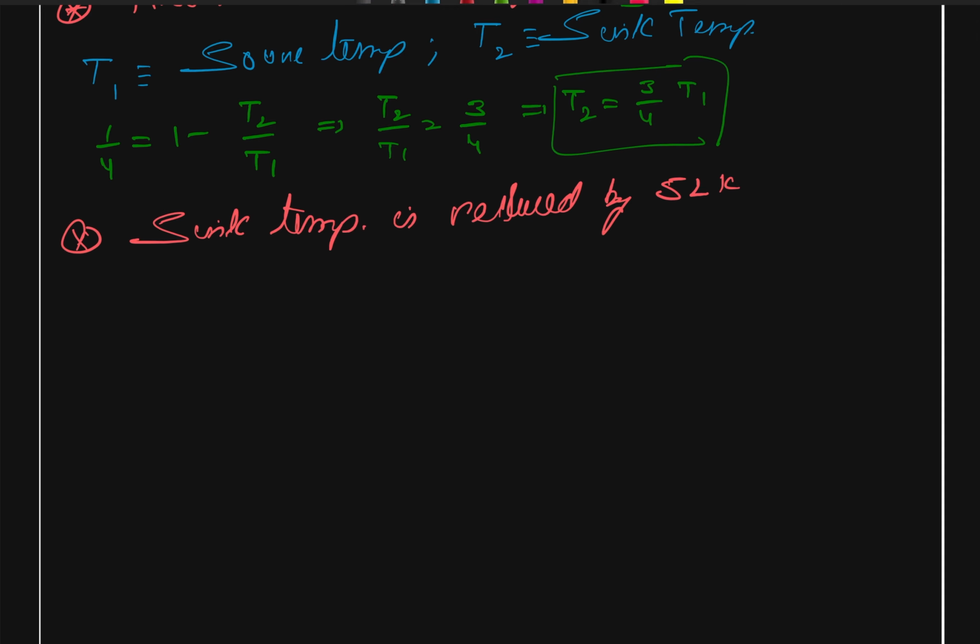So we can say that our new sink temperature, let us call this T2 prime, will be equal to T2 minus 52.